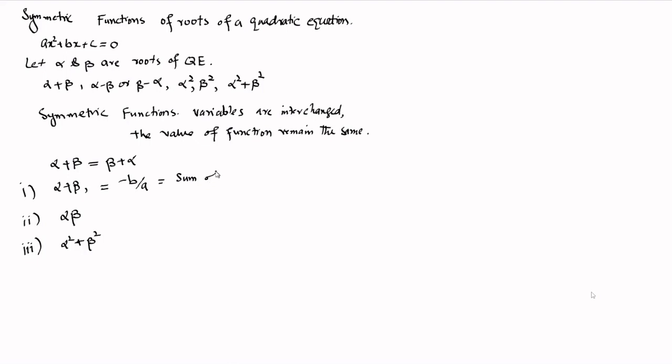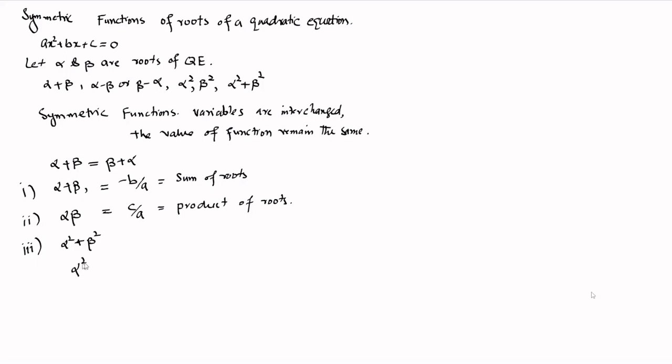Similarly, the alpha beta function is the product of the roots, which we know is equal to c by a. Now we will find alpha square plus beta square in terms of the coefficients.